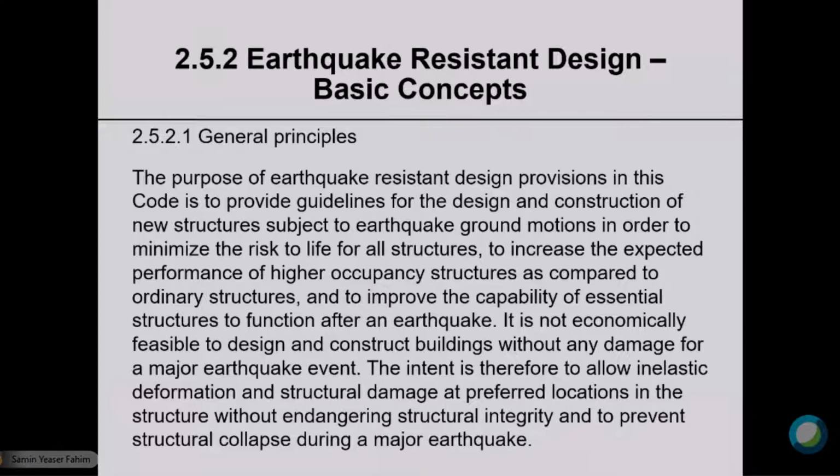Secondly, we want enhanced performance of all but the ordinary structures, assembly buildings, essential facilities, etc. We also want the essential facilities to continue to function during and following an earthquake. So those are all the objectives of the seismic design that we are doing under BNBC 2020.